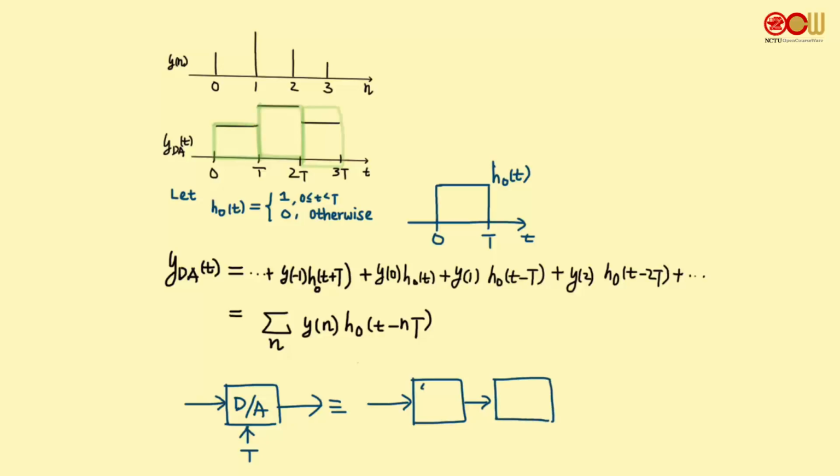The first part is a sequence to impulse train, and for the second part, it's not hr anymore, it's H0 j omega. Input yn and output is y DAC.